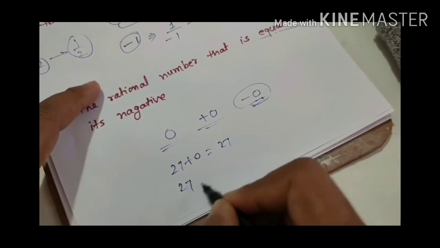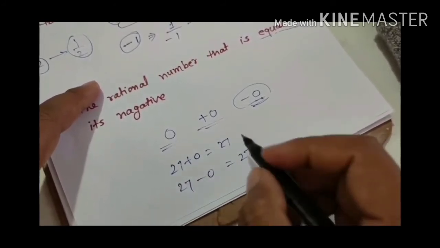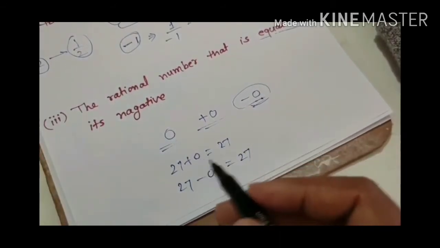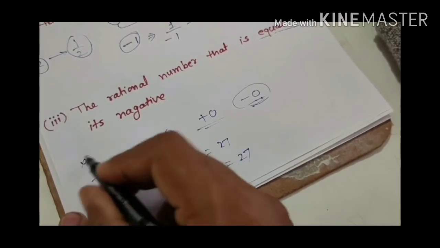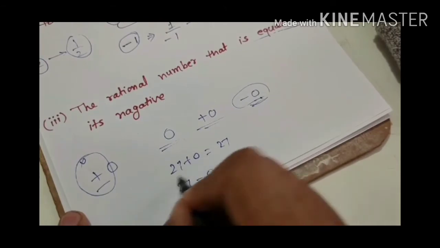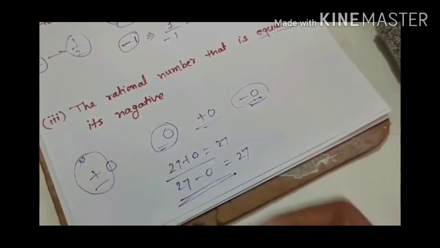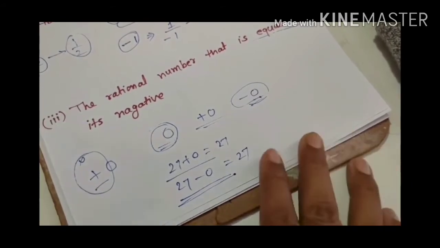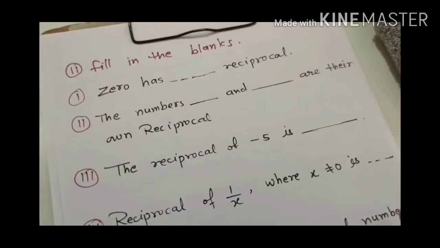You can't find any number, only 0 is there. You can add 0 to any number, the answer will be the same. You can subtract 0 from any number, the answer will be the same. So 0 is the number which you can add, you can subtract, but there will be no change.